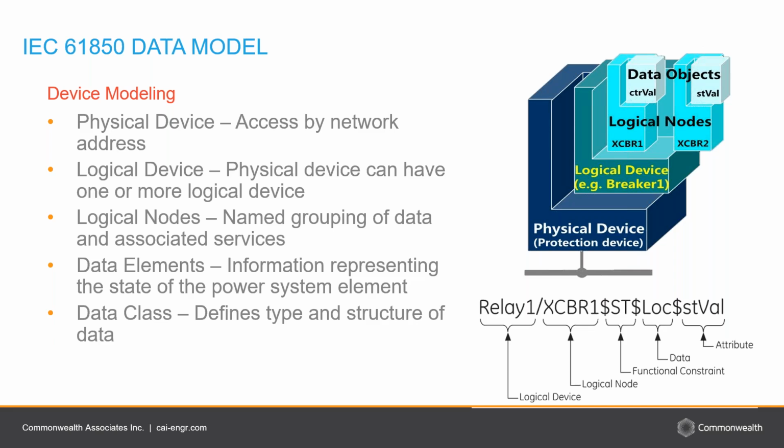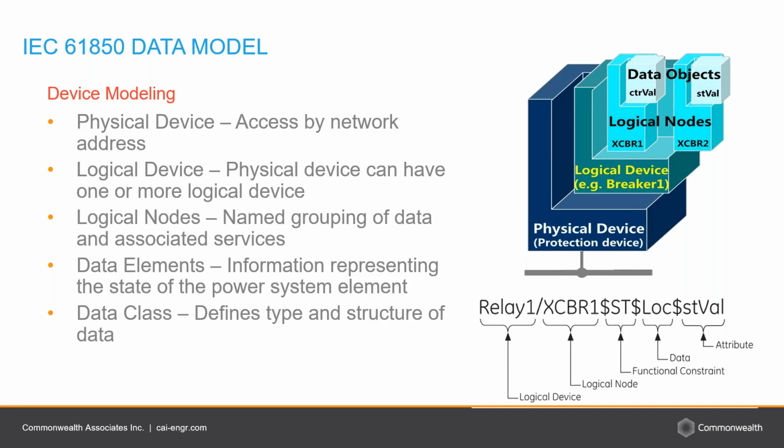Now, each logical node may contain one or more data elements. The names of these data elements are determined by the 61850 standard and are functionally related to the power system purpose. Again, diving into an example, suppose you have a circuit breaker in the yard and you want to model that circuit breaker and its information in an IED. That circuit breaker can be modeled as a logical node in that IED, whose name will start with the letter X according to the standard.